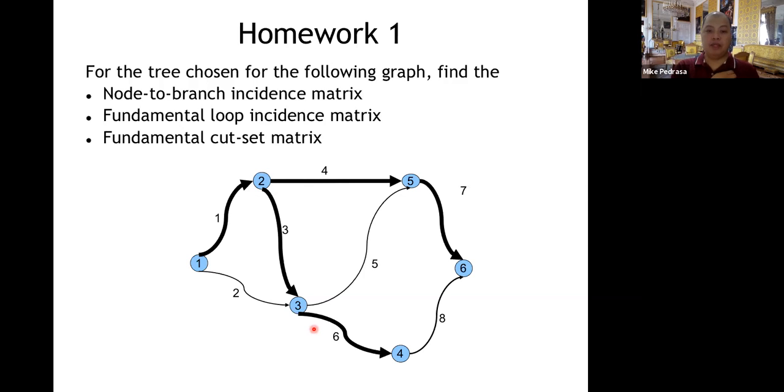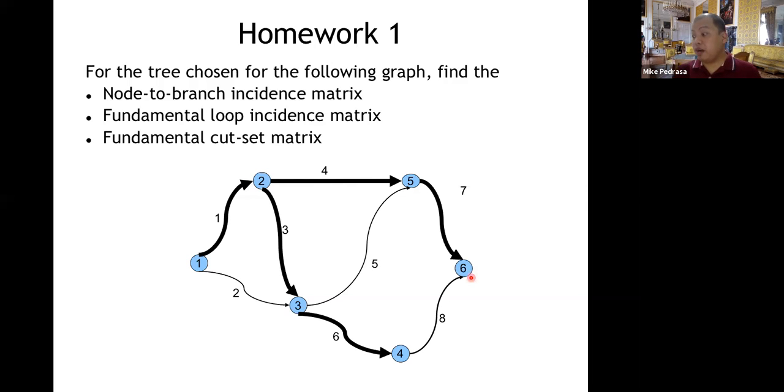So here I am giving you this network. This network has 6 nodes and 7 branches, and I have already chosen the tree for you. The bold branches are our tree. For this network we have 6 nodes, which means that n is equal to 5, since the total number of nodes is n plus 1.